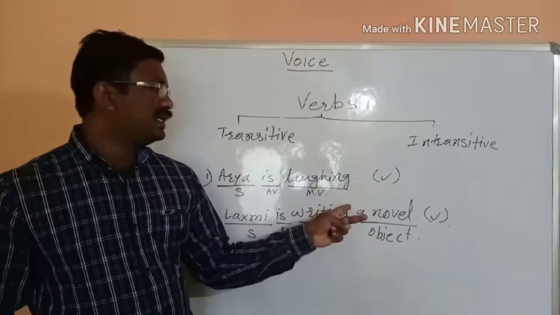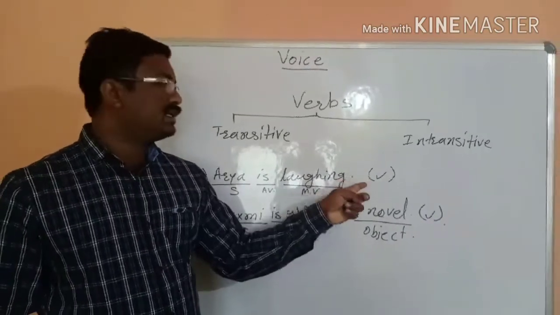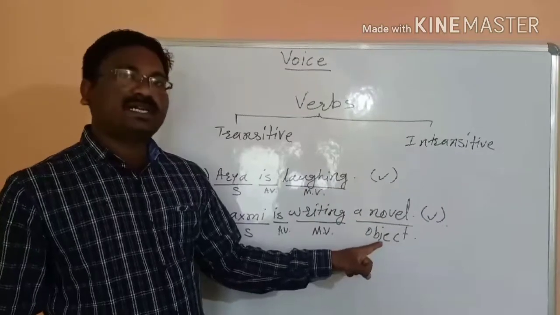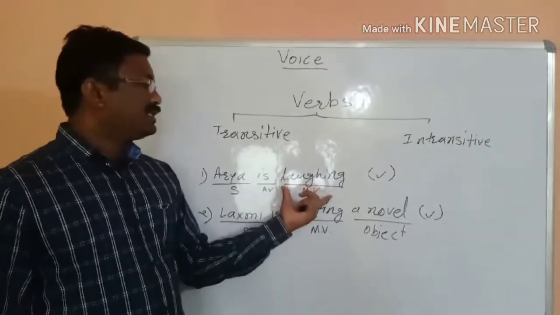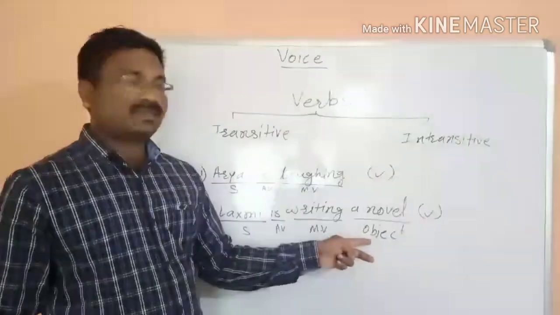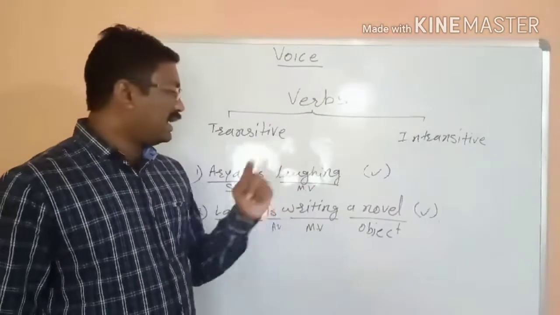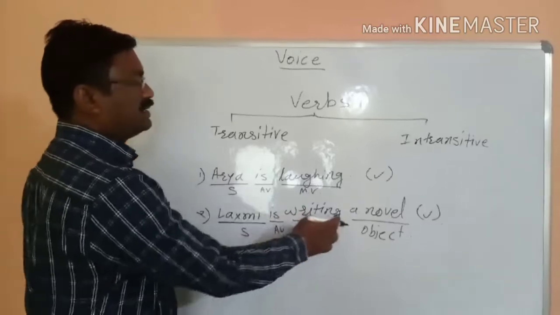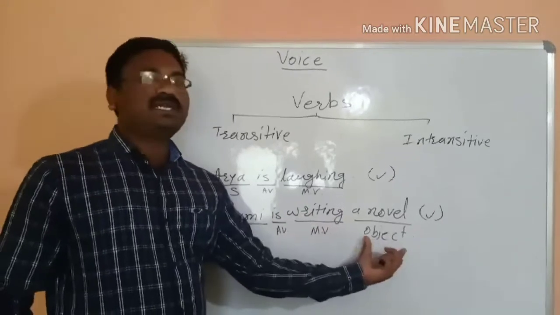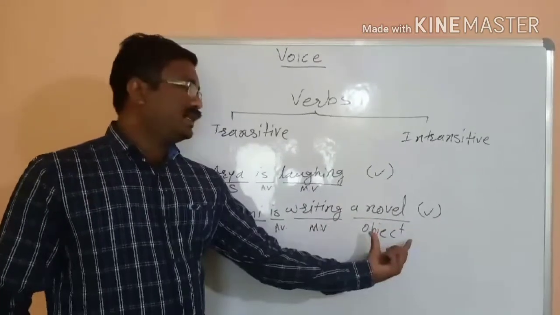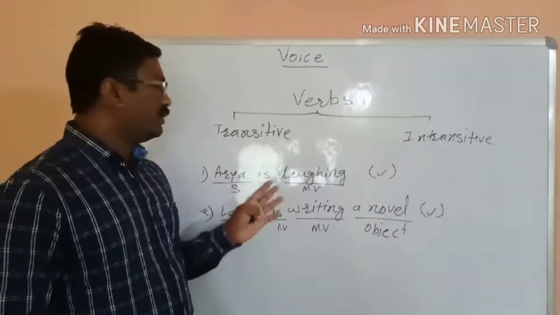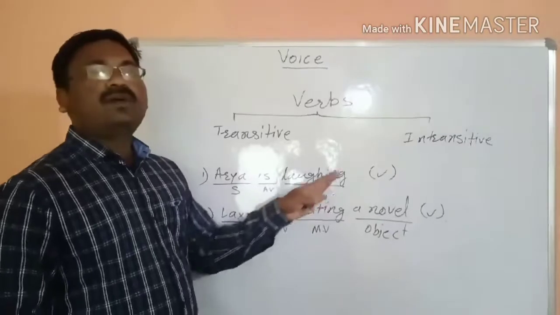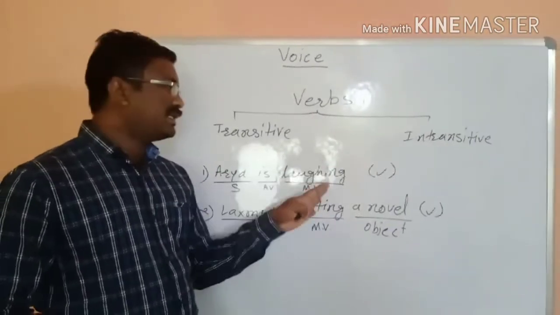First sentence is complete, but it doesn't require an object to finish the sentence. In the second sentence, writing is taking an object with it to finish its meaning.